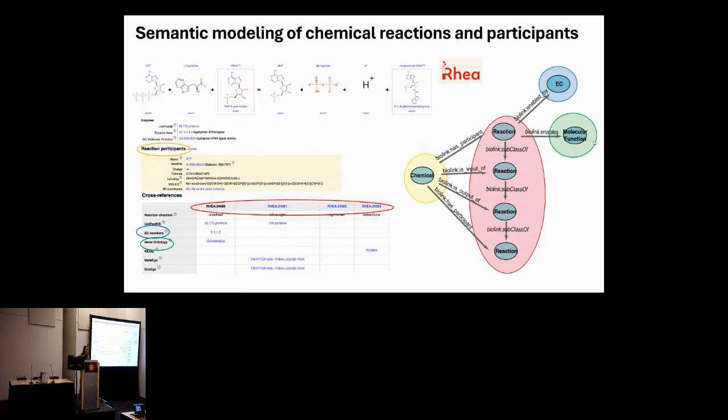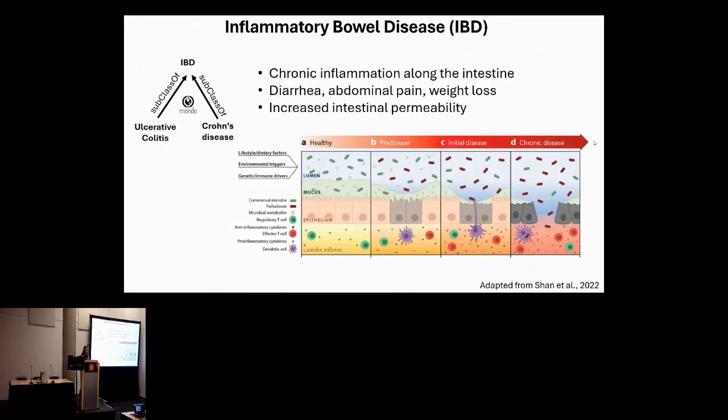So knowing this, how can we utilize this resource now to then understand why an association may exist between the microbiome and disease? And so we chose to do this over inflammatory bowel disease. And inflammatory bowel disease encompasses 2 different conditions, ulcerative colitis and Crohn's disease, and it generally is implicated by chronic inflammation along the small and large intestine.